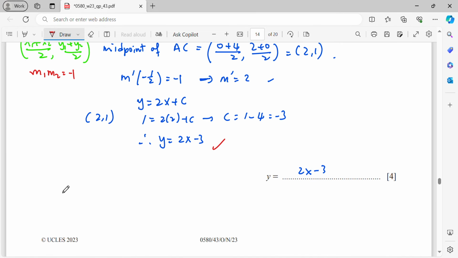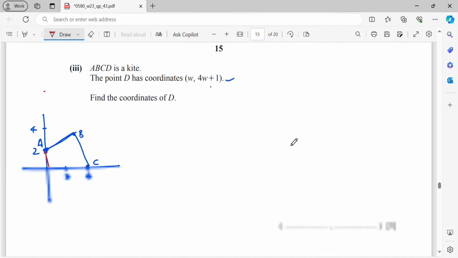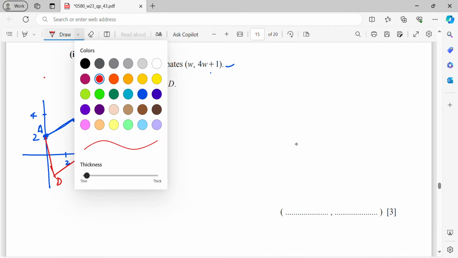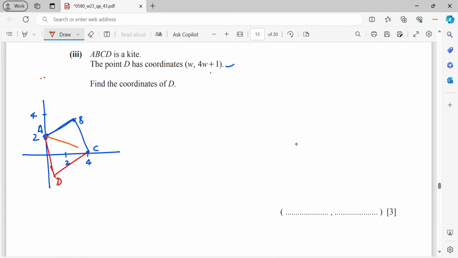That is the perpendicular bisector of AC, which means I have found the midpoint, and this is the perpendicular bisector.